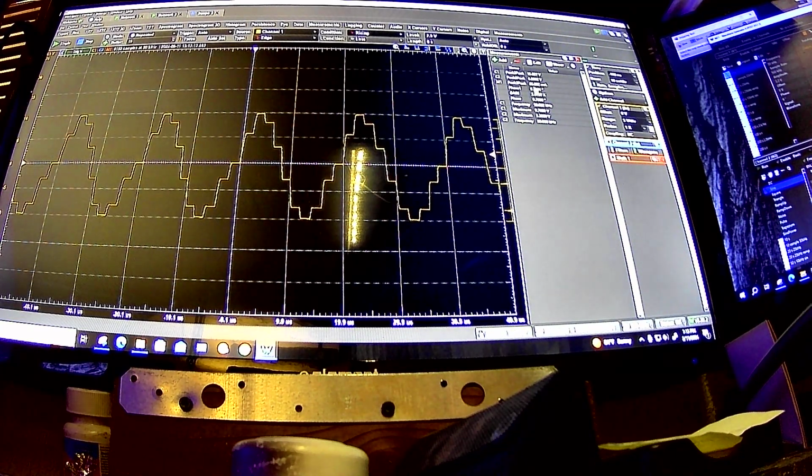So this is what that same signal, again about a 20 volt peak to peak, would look like if it were coming out of that DAC at a fixed sample rate of 500 kilosamples per second. This is what it would look like, basically.